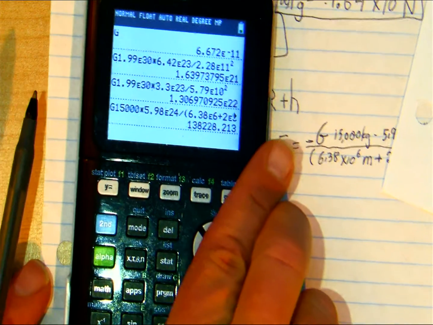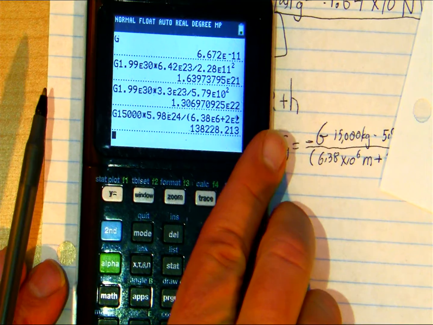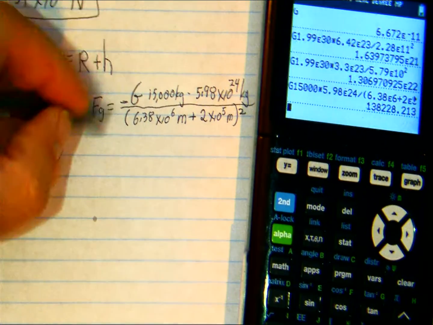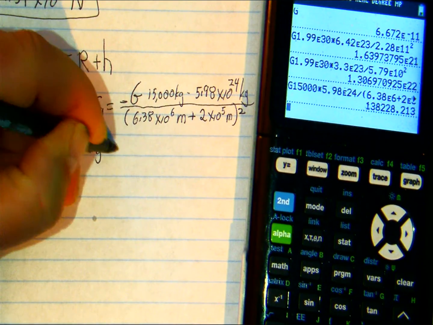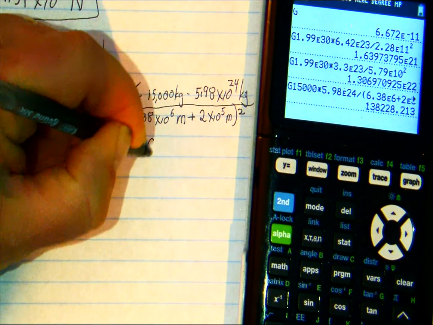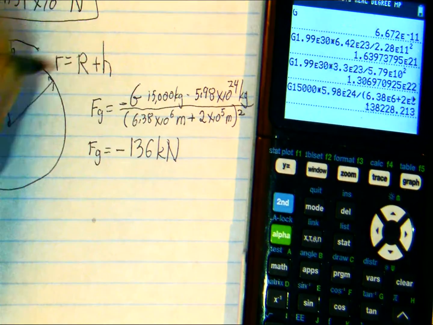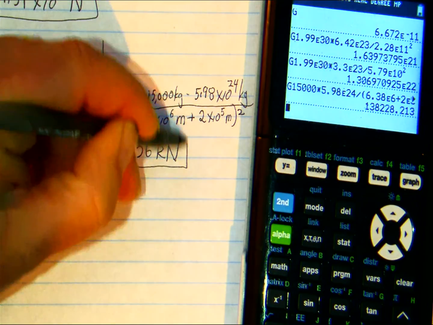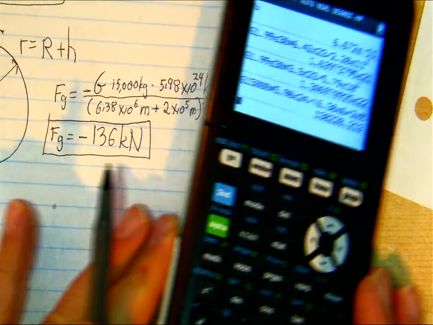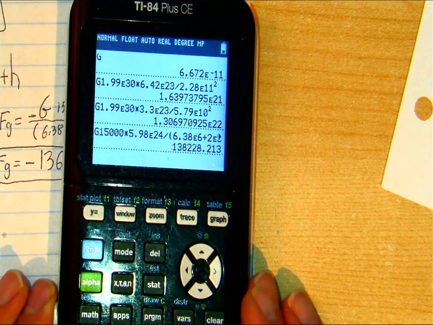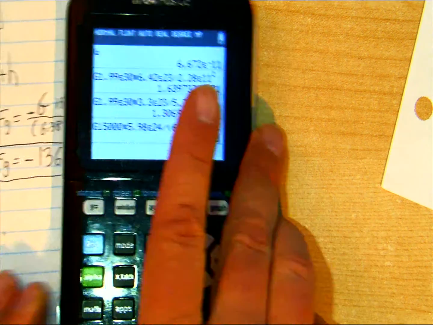And it says you get 138 kilonewtons. So, of course, attractive, negative 138 kilonewtons. This is down in the realm where you could be using the Greek prefixes. Kilo, of course, means thousands. So 138,000 newtons.